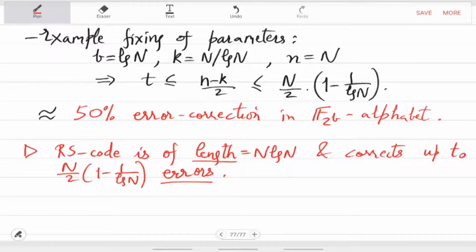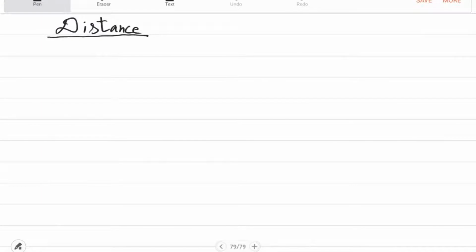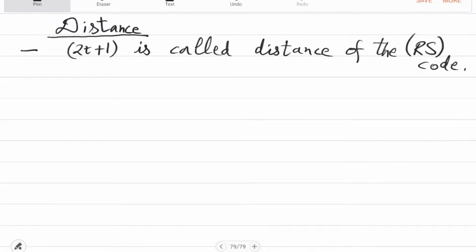So there is one concept here, underlying concept of distance in this code and in general in error correcting codes. So for example, if in the previous slide this t was the error tolerance of the code, 2t plus 1 is called the distance. So in our case, you have only seen one example of Reed-Solomon code. Distance of that is 2t plus 1, t as before.